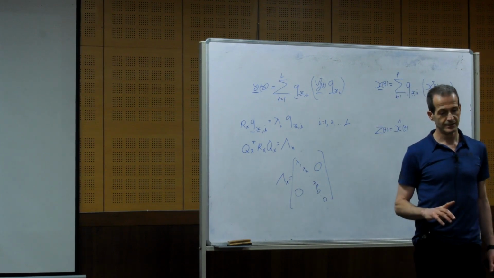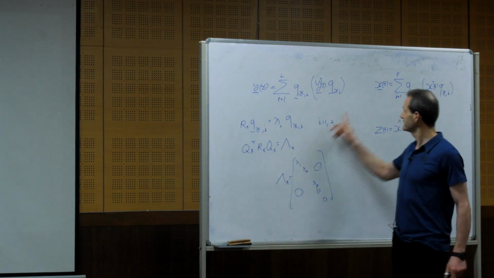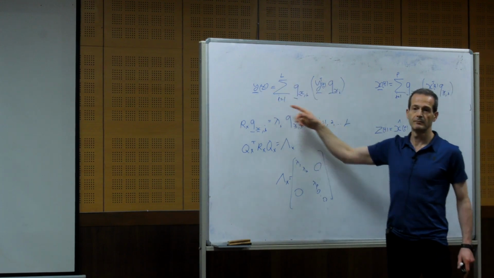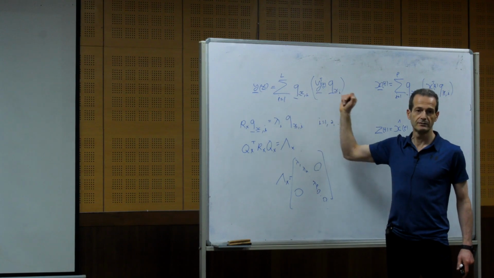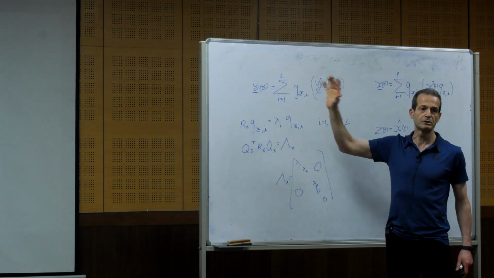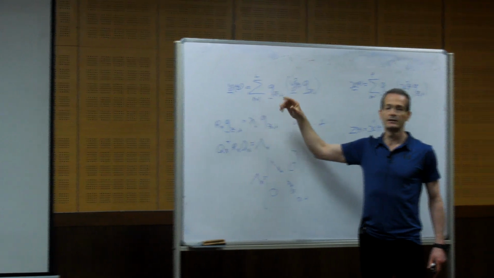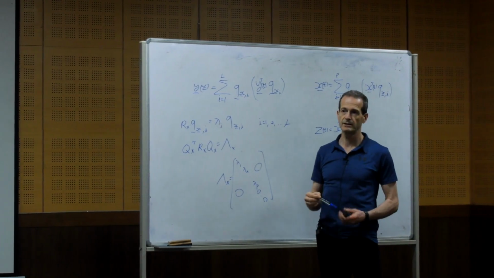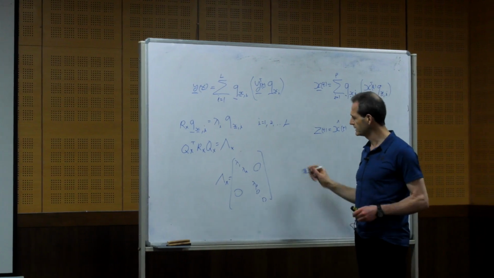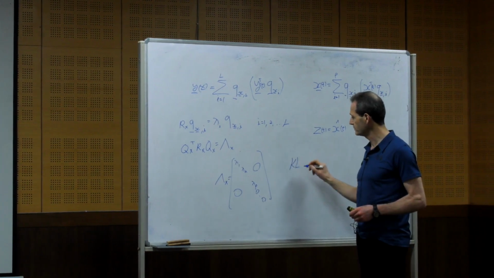Okay? Do you know how we call this transform? This is very useful for signal processing, many times for images and other signals. So this is called Karhunen-Loeve transform. Okay? If you're not familiar, you can read about it.